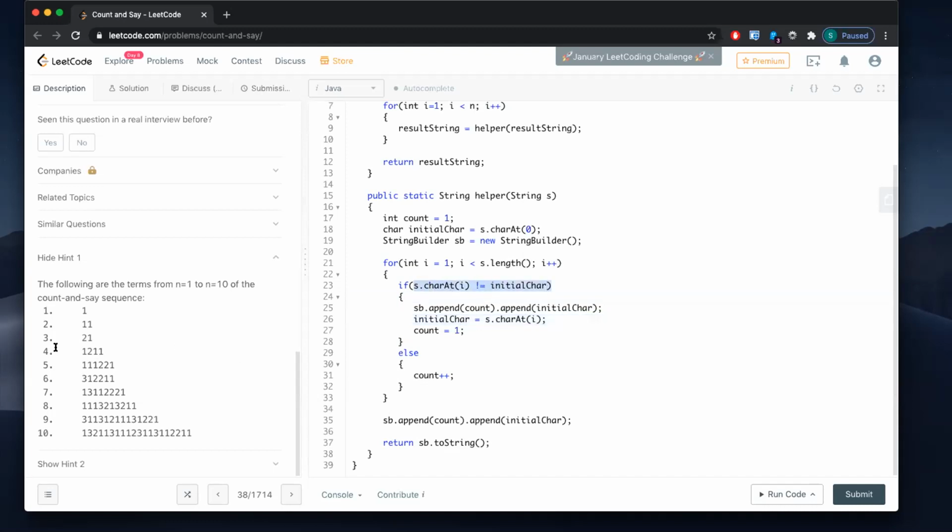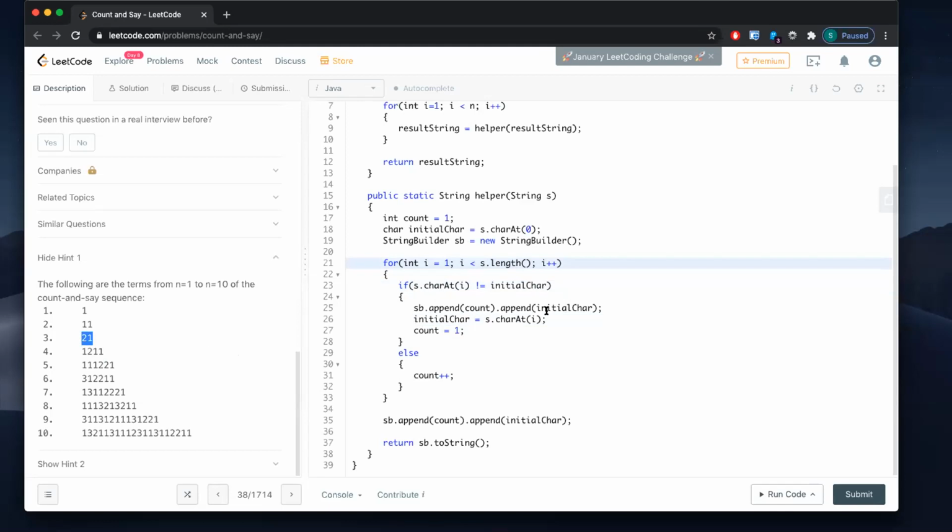In this case, the char at 1, 2 and 1 are still not equal, so it appends the count, 1, and then the initial char, which is 1. It only goes through one loop, because i equals 1 and i is less than 2.